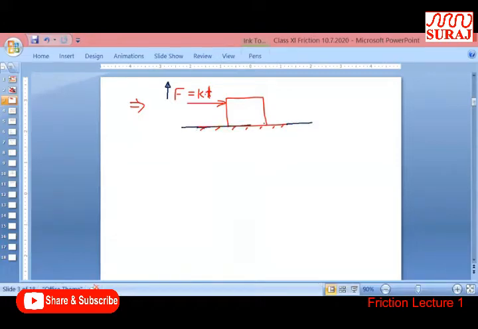And as the force is increasing, what happens? Suppose right now the force is 2 Newton and the block is not moving. It means the force applied by the surfaces in contact is greater than or equal to that applied force. Okay. So you are increasing the applied force.